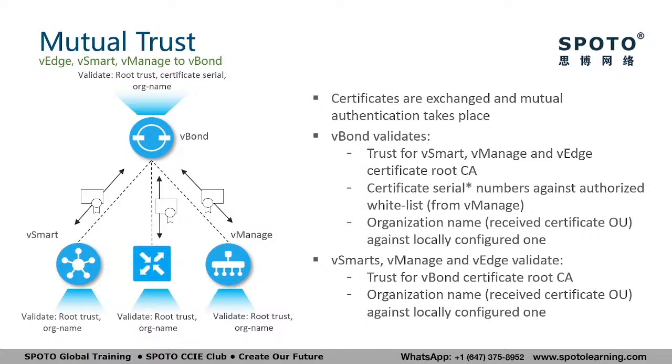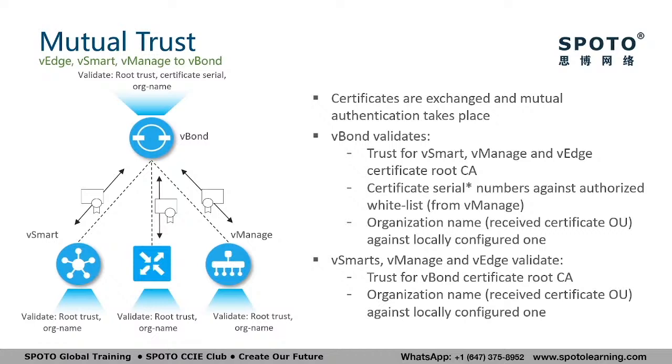The mutual trust between vEdge, vSmart, vManage, and vBond. There are 2 parts. The first one is vBond to validate the trust for vSmart, vManage, and vEdge.